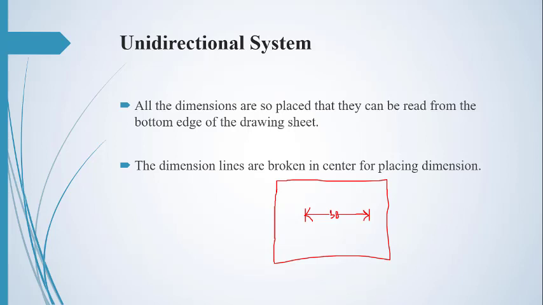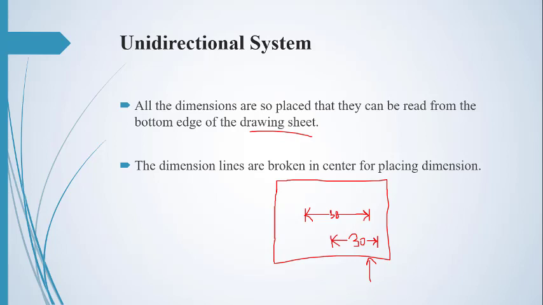The first statement says that dimensions should be given so that they can be read from the bottom edge. So you can see from the bottom edge that it can be easily read. If I draw a line here like 30 centimeter, it can also be seen and read from the bottom edge. So this is known as a unidirectional system.